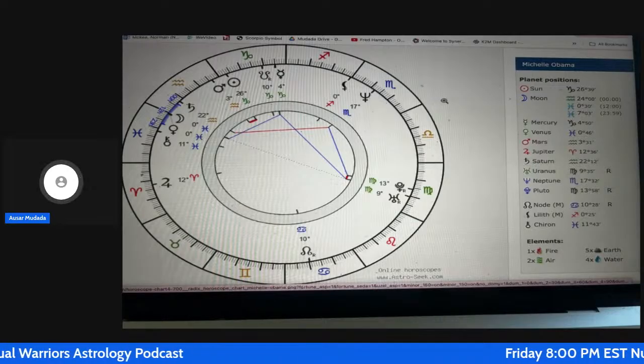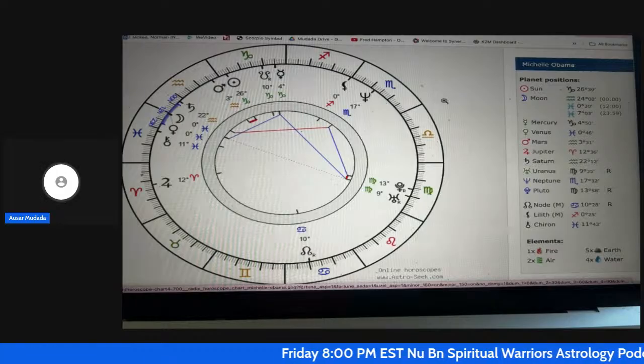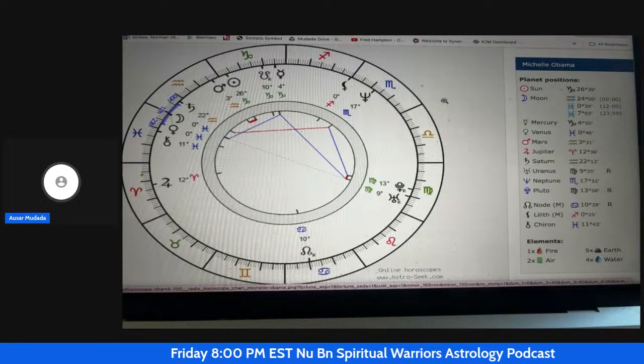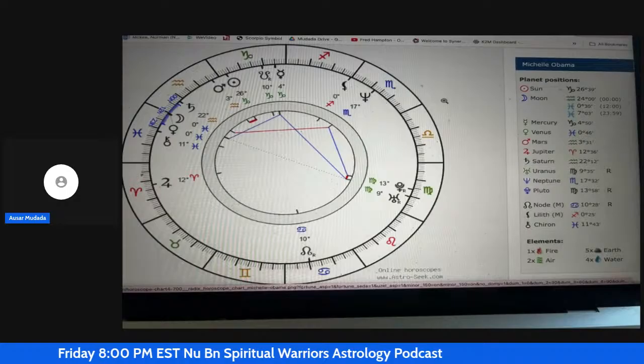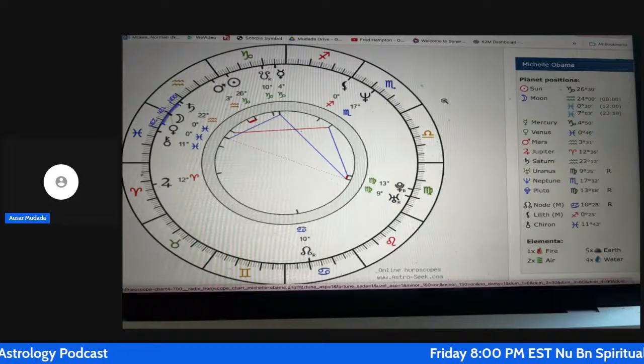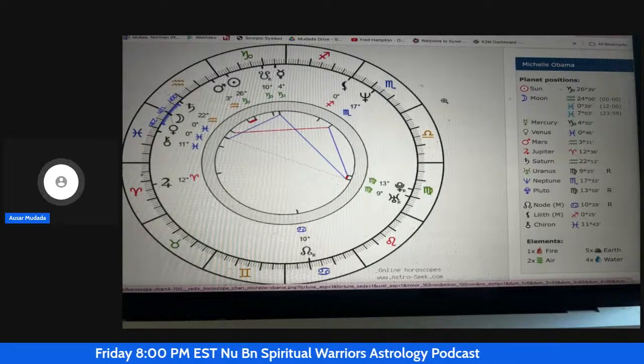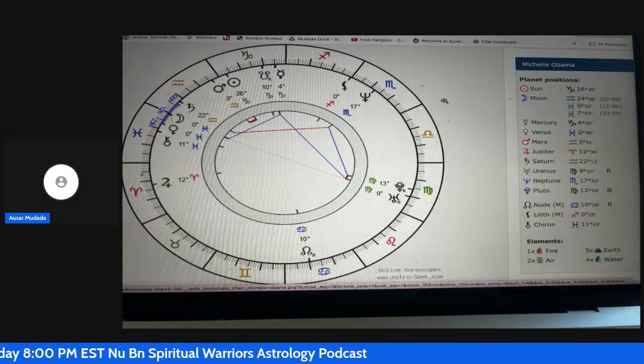Okay. All right. So we did conjunctions. Next thing I want you to look for is, what planet forms a trine? See if you can find a trine. Now, a trine is of the like element.